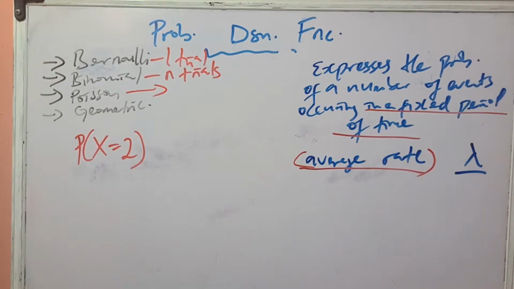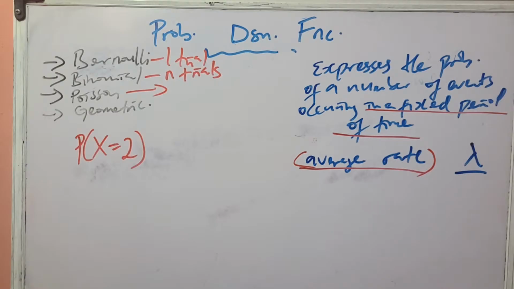All right. Now let me read out an example that is perfectly a Poisson distribution. Look at it now. 1 nanogram of plutonium will have an average of 2.3 radioactive decays per second.